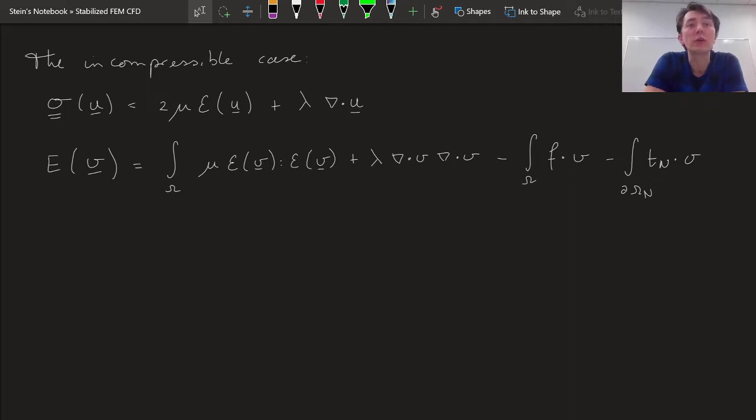So in the incompressible case, well, in any case, we have the following two definitions for the stress and for the energy functional. And in the incompressible case, we know that the divergence of any solution U is going to be equal to 0.